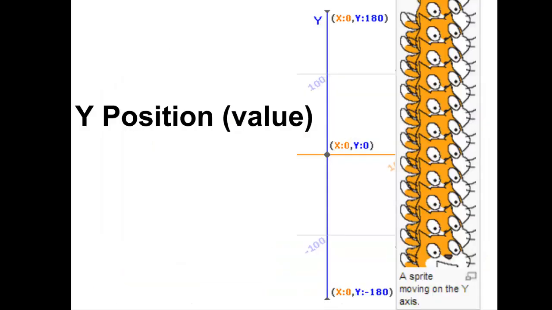The Y position is where the sprite is on the Y axis, or the vertical of the stage. The value gets higher or lower depending how far up on the stage the sprite is. Directly in the center is 0. The top is 180, and the lower limit is -180. The sprite's costume center is where the X and Y positions meet.